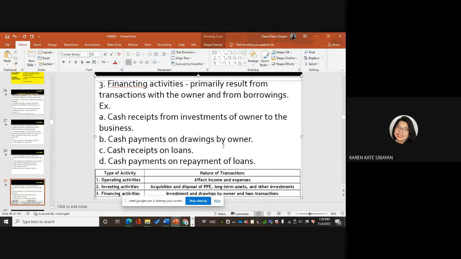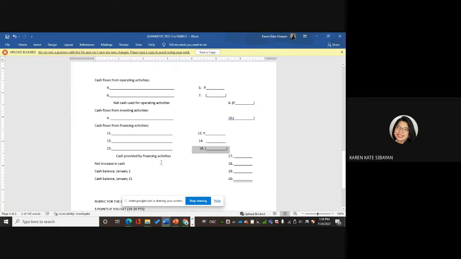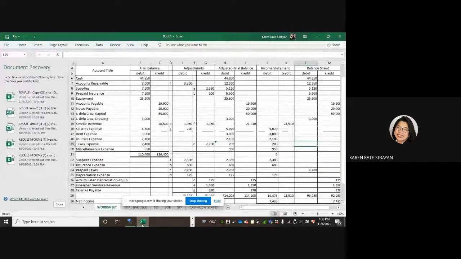So, pag nangutang ka, additional ba yun or bawas sa cash mo? Kaya tingnan mo rin dito. Saan ko ba ilalagay yan? Tingnan mo again sa worksheet mo. Okay? Next.